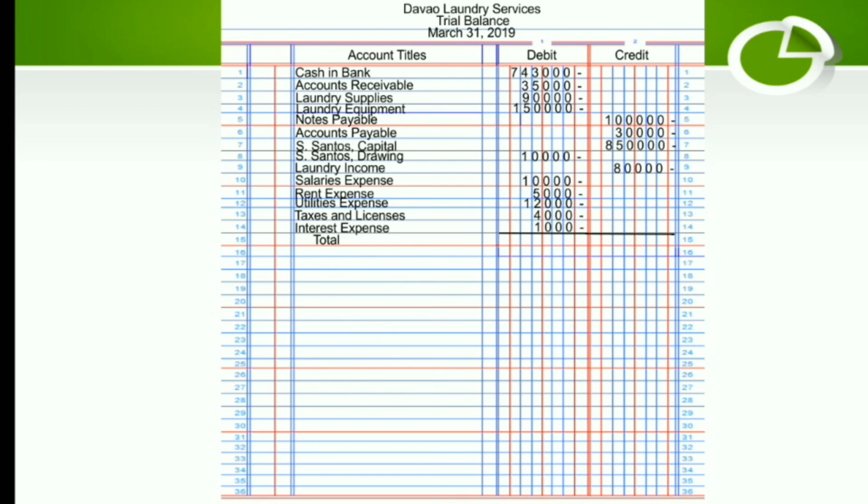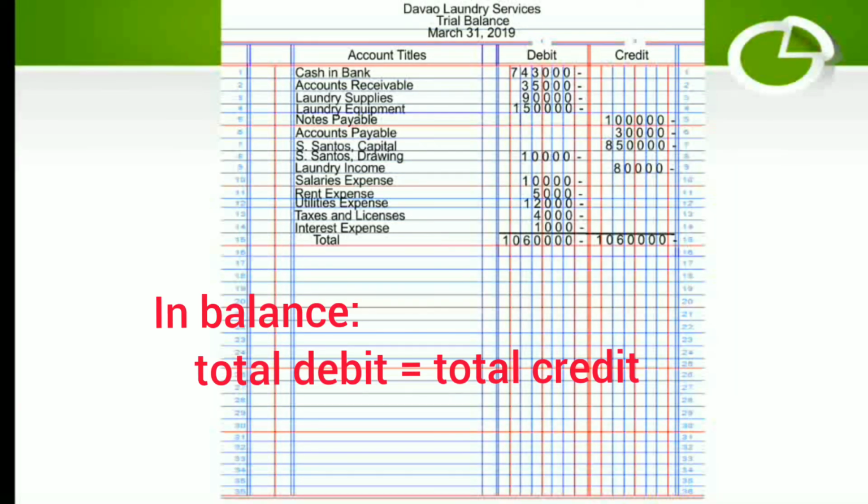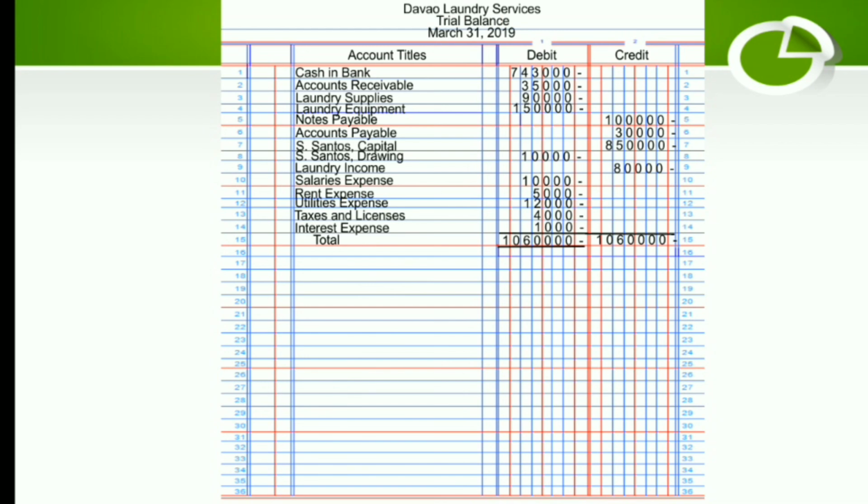So the total debit is 1,060,000. Now for the credit, we have 100,000 plus 30,000 plus 850,000 plus 80,000. So the total credit is also 1,060,000. So our trial balance here is balanced since the total debit is equal to the total credit. And of course, do not forget to double rule the balances. Kailangan talagang may double rule yung balances natin.